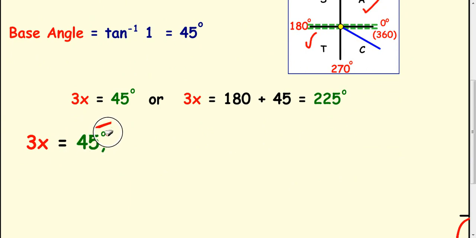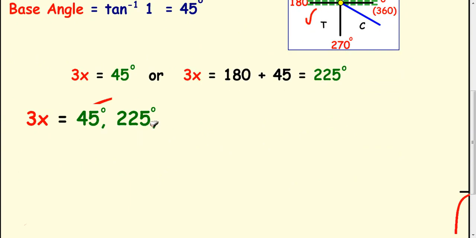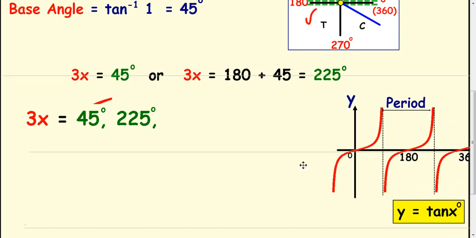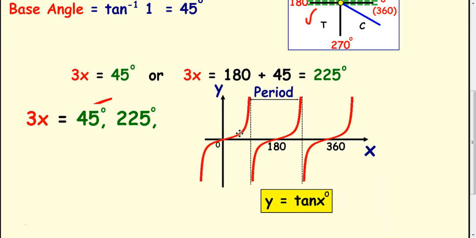So take your values, 45 and 225, and because the period of the graph is 180, you could think you jump forwards 180 every time, but if we have a wee quick look at the graph, if I've worked out this value here, which is 45 say, and I jump forward 360, then I'm going to get this solution here, which is fine.